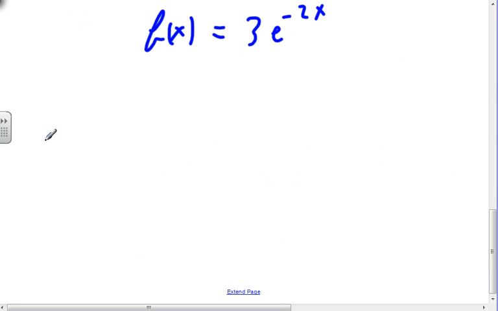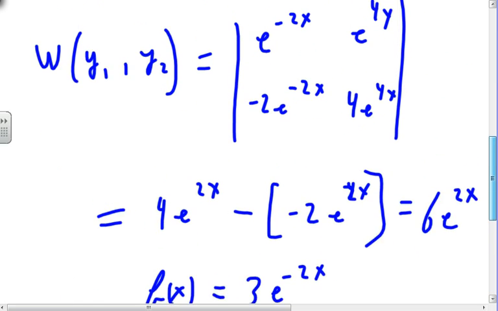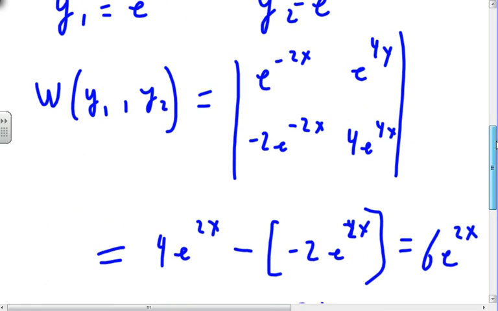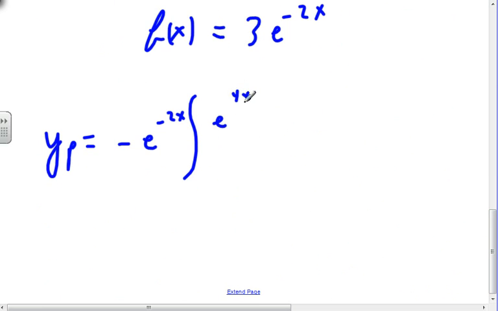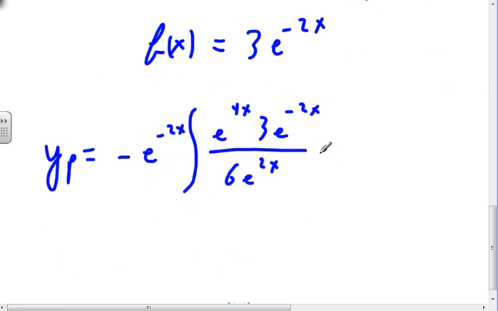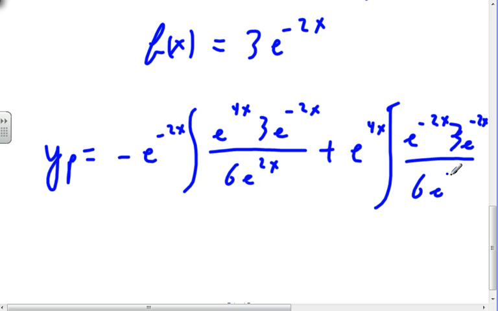So now I'm going to look on page 160. Y sub p is equal to minus y1 of x, minus e to the minus 2x integral y2, which is e to the 4x, times the forcing function 3e to the minus 2x divided by the Wronskian, which is 6e to the 2x, plus y2, e to the 4x, integral e to the minus 2x times 3e to the minus 2x divided by the Wronskian 6e to the 2x.